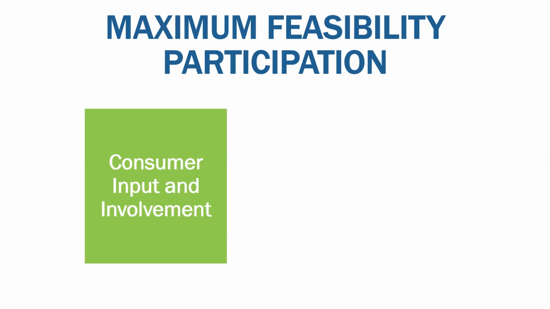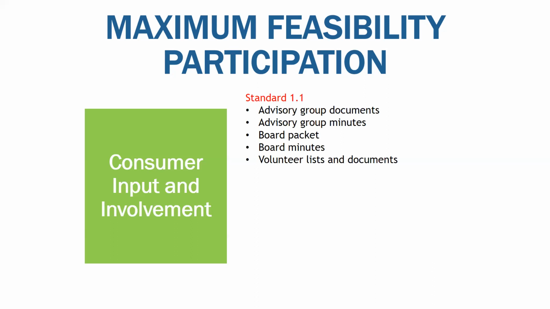Individuals and families are well in tune to what they need. And when community action taps into that knowledge, it really helps us inform our ability to implement high impact programs and services. So for example, organizational standard 1.1 asks us to demonstrate that people experiencing poverty in our community are participating in our activities.